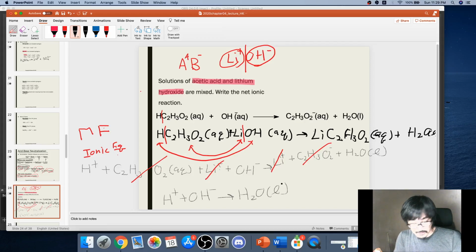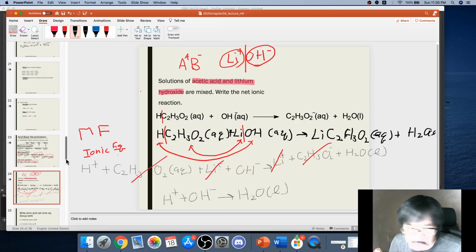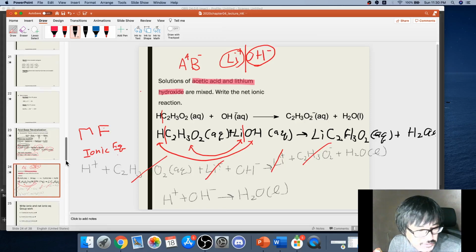And generally, many times you might find that H plus and OH minus becoming H2O is the answer to many of the net ionic equations, but don't count on that one. But many times it happens to be that way for acid-base reactions.